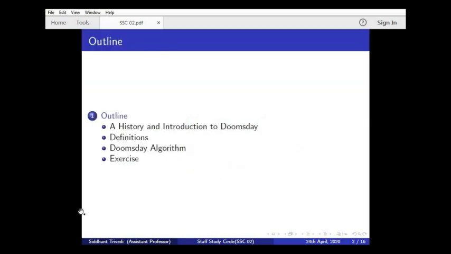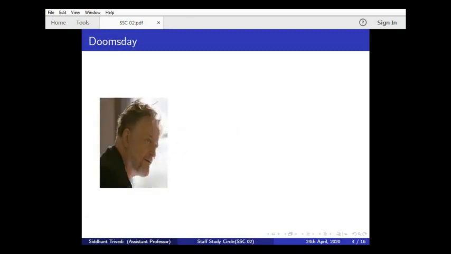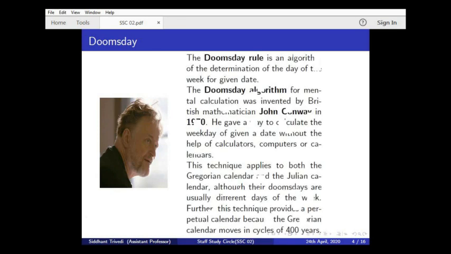This is the outline of my presentation. We shall start with a history and introduction to Doomsday. This is John Conway, the great British mathematician. He passed away in the month of April 2020 due to COVID-19.